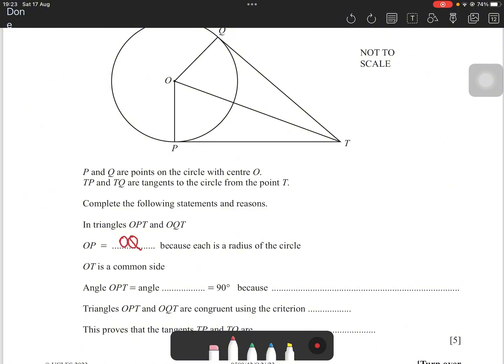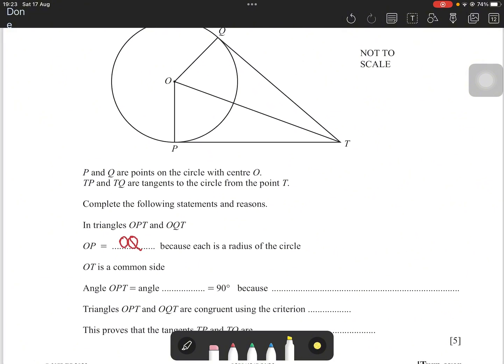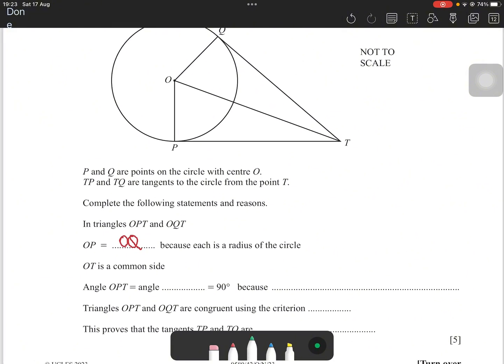Next, OT is the common side of the 2 triangles. Then, angle OPT and angle OQT are 90 degrees because the tangent is perpendicular to the radius.